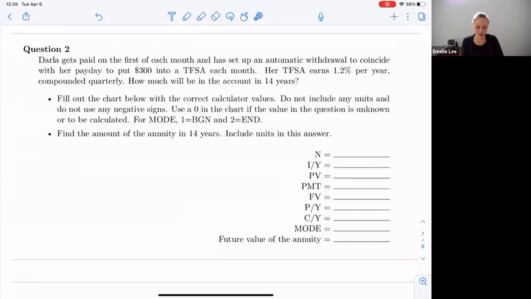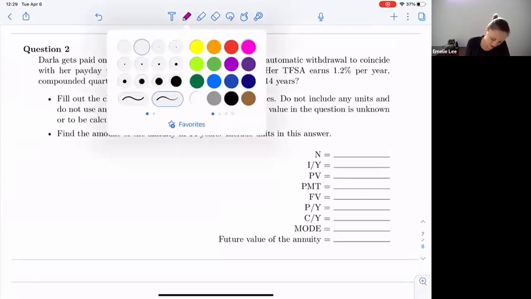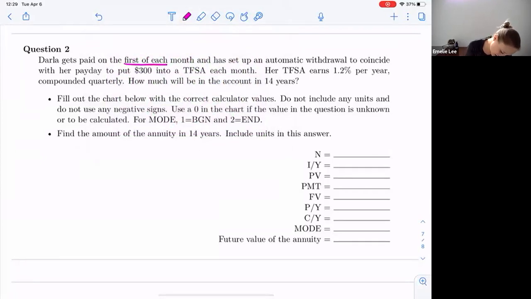Darla gets paid on the 1st of each month. Okay, so on the 1st, kind of sets me up to be in the beginning mode, right? So Darla gets paid on the 1st of each month and has set up an automatic withdrawal to coincide with her payday to put $300 into a TFSA each month.